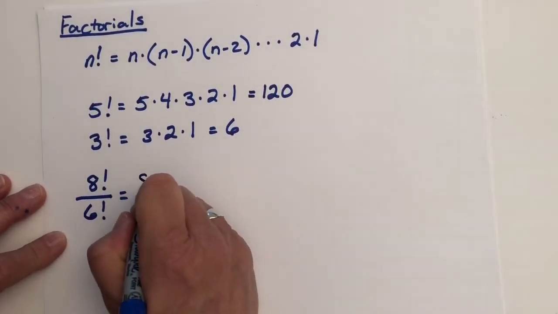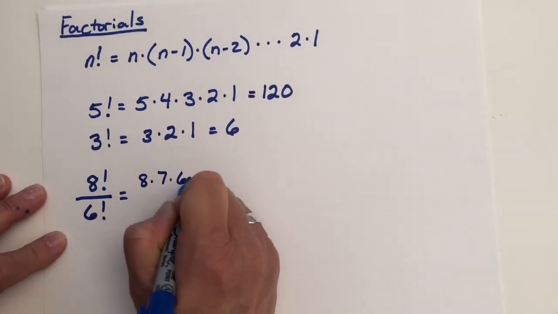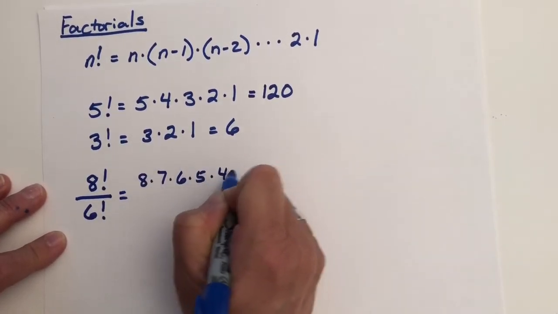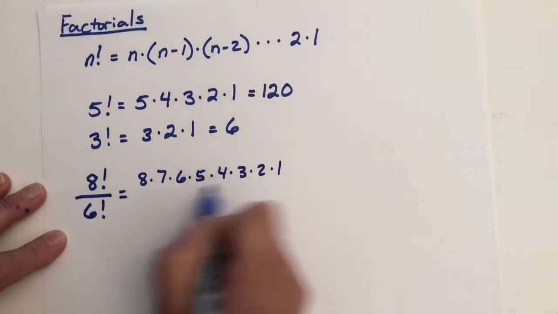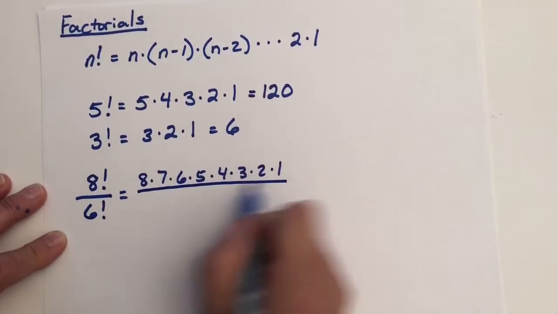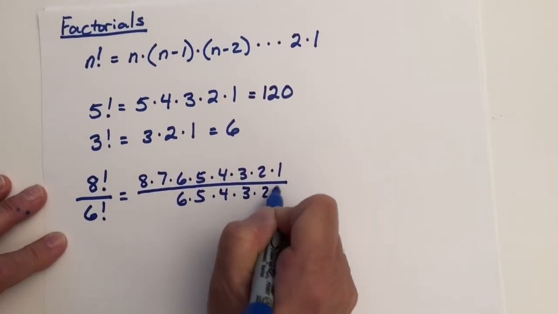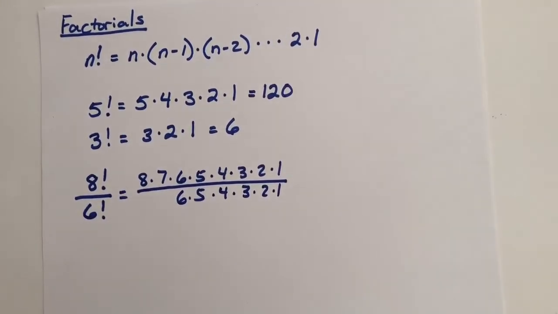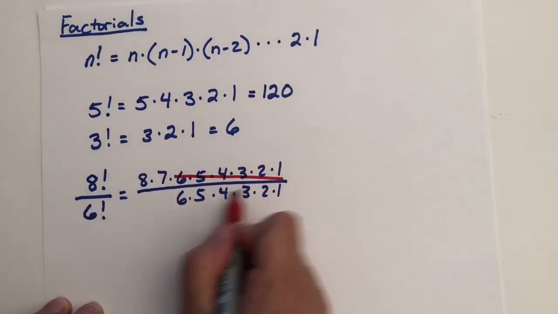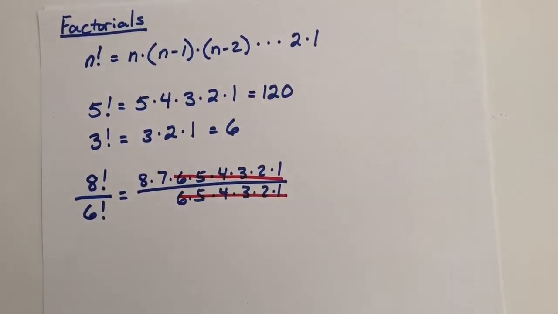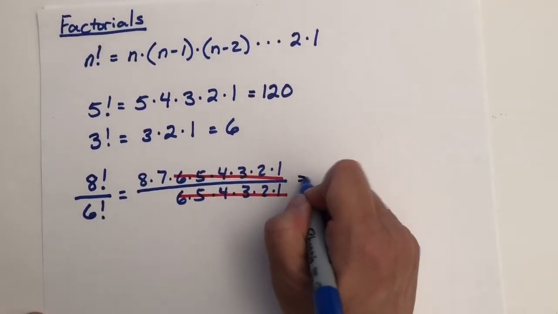I know that's 8 times 7 times 6 times 5 times 4 times 3 times 2 times 1 over 6 times 5 times 4 times 3 times 2 times 1. And we can see that the canceling would happen, and we end up with just 56.